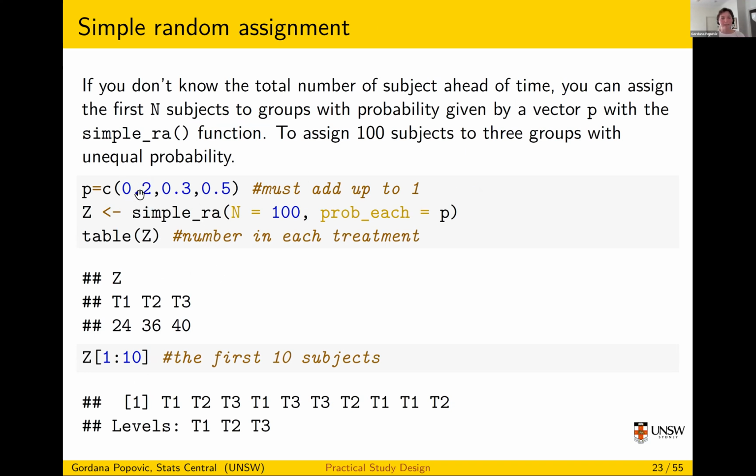I can put in probabilities instead. So I can say, I want 20% in the first group, 30% in the second group, 50% in the third group. And then simple RA will give me that if I use the prob each argument. So now I don't have exactly 20, 30, 50, but the probability for each subject is 20, 30, or 50. So this is sometimes useful as well.